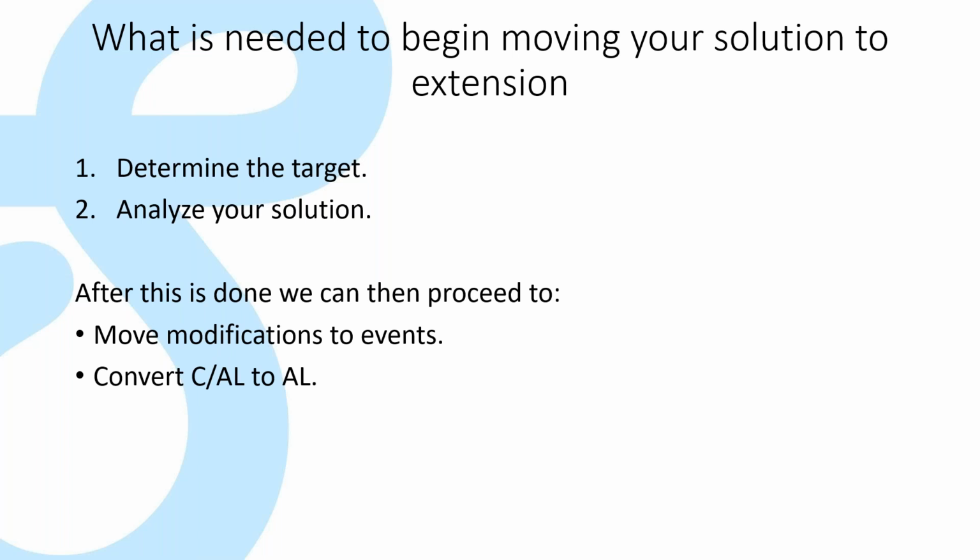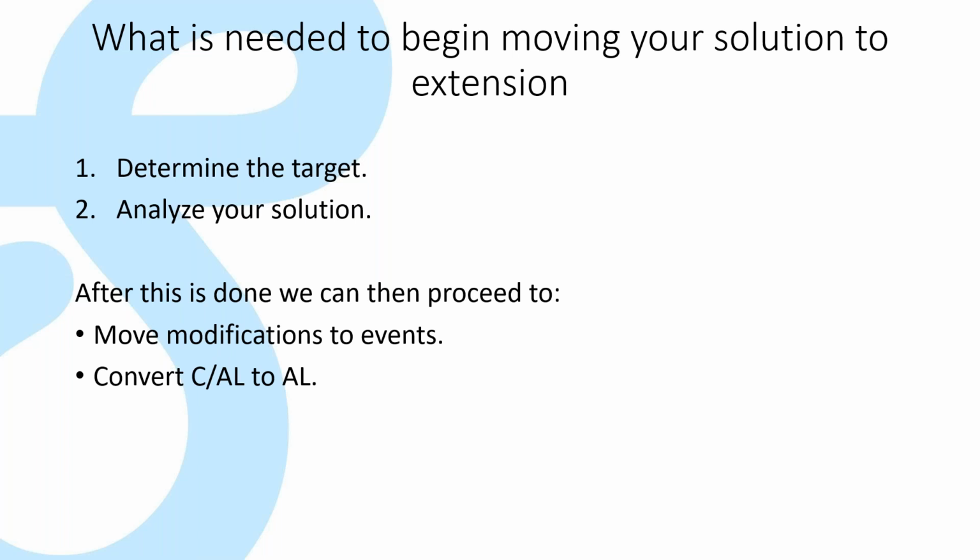This is important because there are a few differences in how you develop things in different cases, and also in the functionality that is supported. The next thing, you have to analyze your solution, check what is going to be the best approach for you, in a way how you will move your modifications to extensions, or will it even be possible to move to extensions.